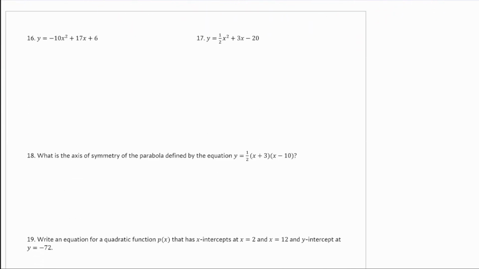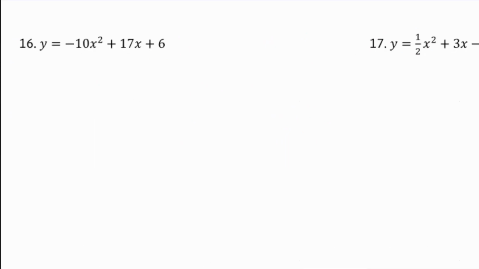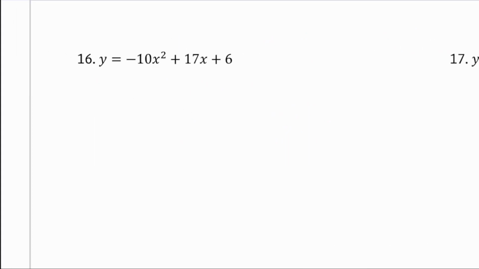Alright, just one more page. Okay, same story here. We're going to factor this one. Find two numbers that multiply to negative 10 times 6, which is negative 60, while adding to positive 17. Oh, 20 and 3.